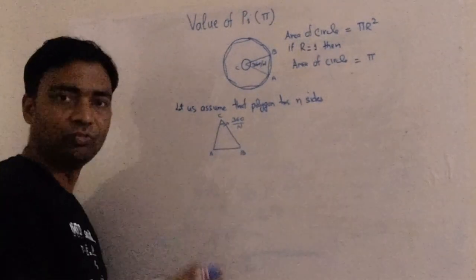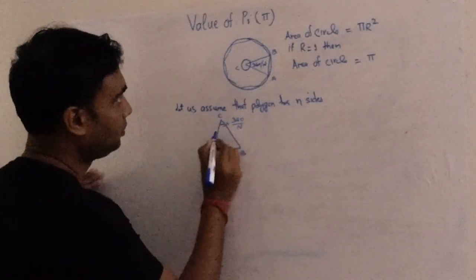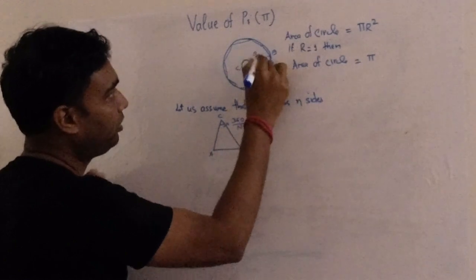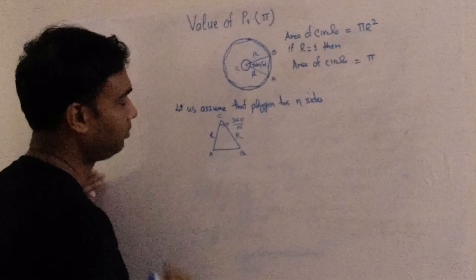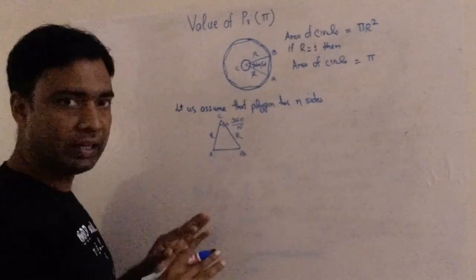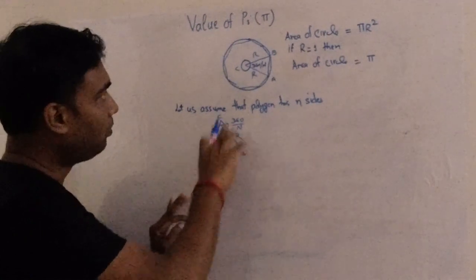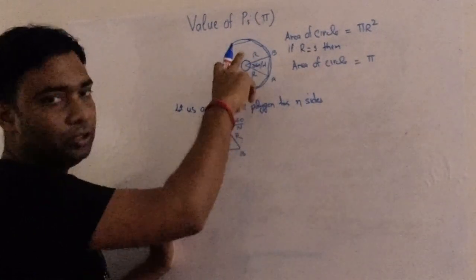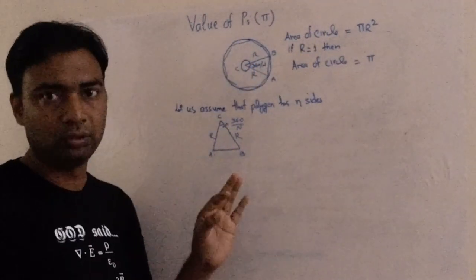Let this line be R. Now I will find the area of this triangle, and then I will multiply this area by n, so that we get the area of the whole polygon.